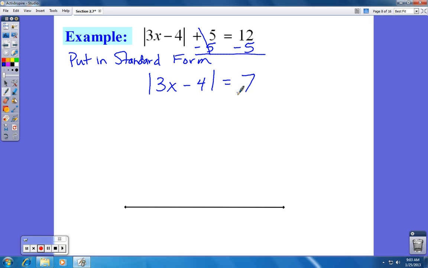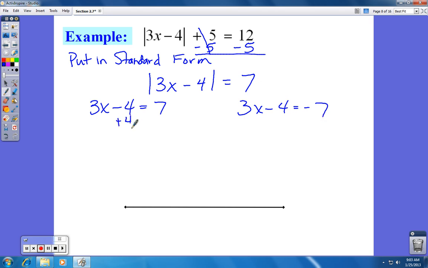In this equation, we're also looking for two numbers in the place of x that are going to give us a distance of 7. This number is positive. We can set up our two equations. 3x minus 4 equals 7, 3x minus 4 equal to negative 7.